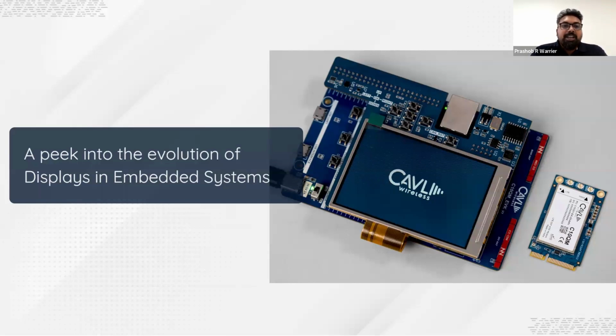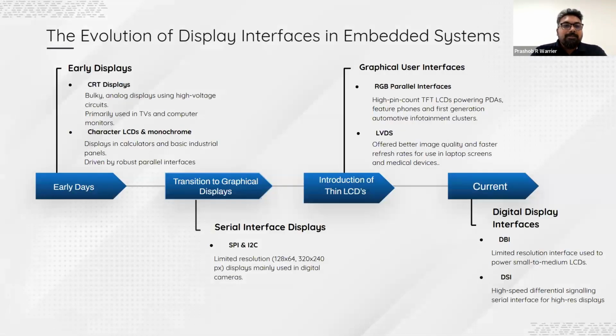So let's have a peek into the evolution of displays in embedded systems. Embedded systems have undergone a remarkable transformation, from the early character LCD and monochrome displays to the current smart era of high resolution, highly interactive displays.